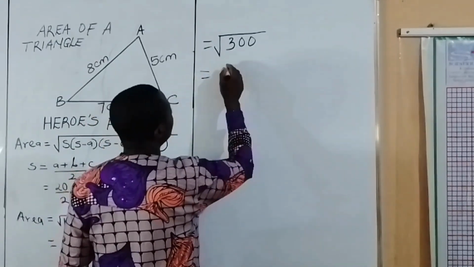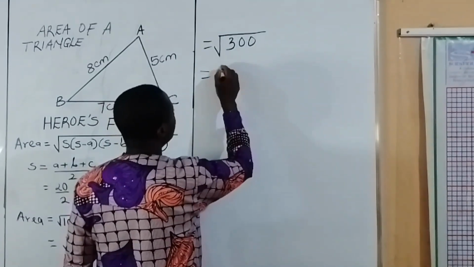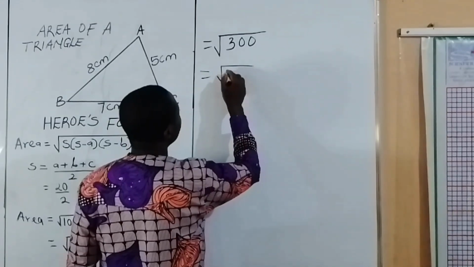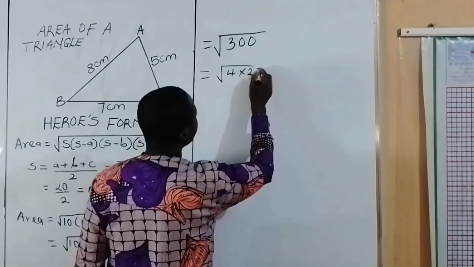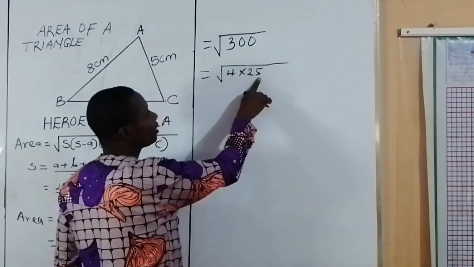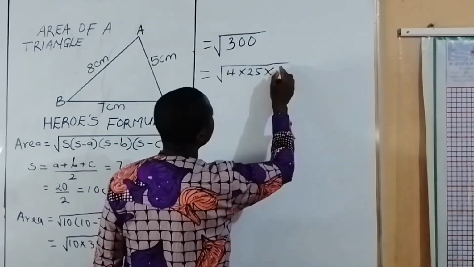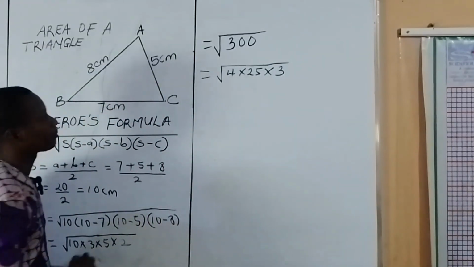So if we go ahead and express this in surd form, we are going to have 4 times 25, which is 100, then times 3. This is what we are going to have here.